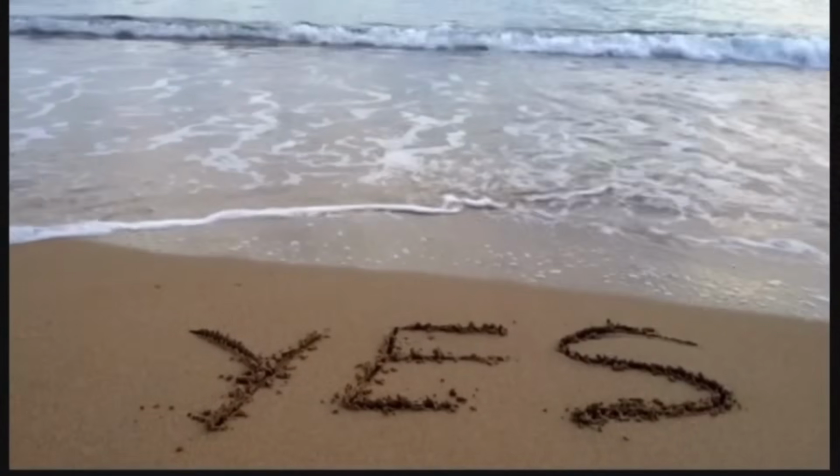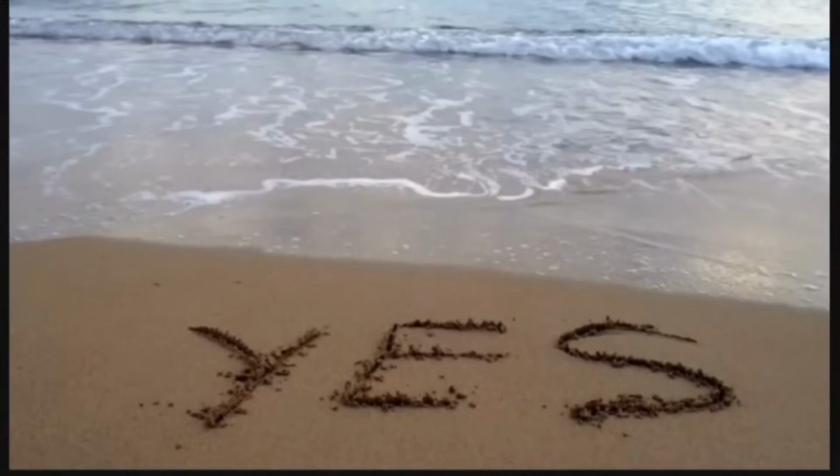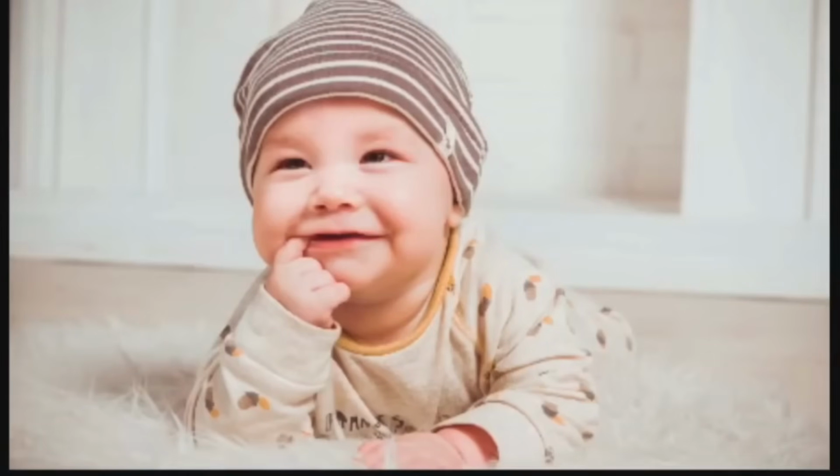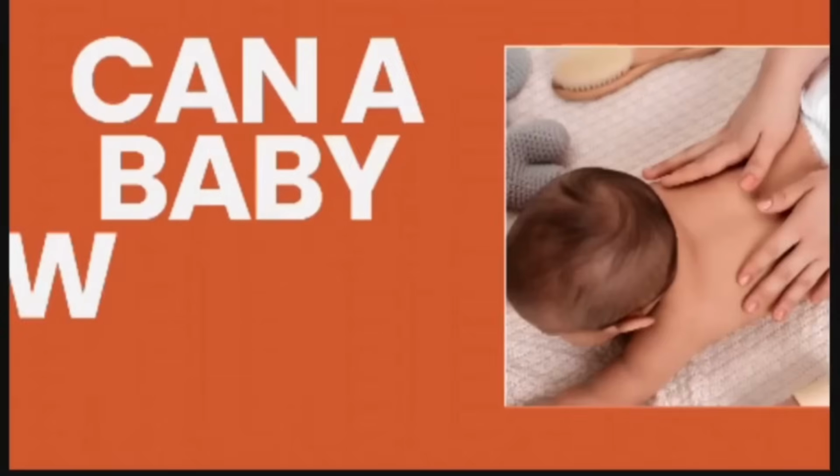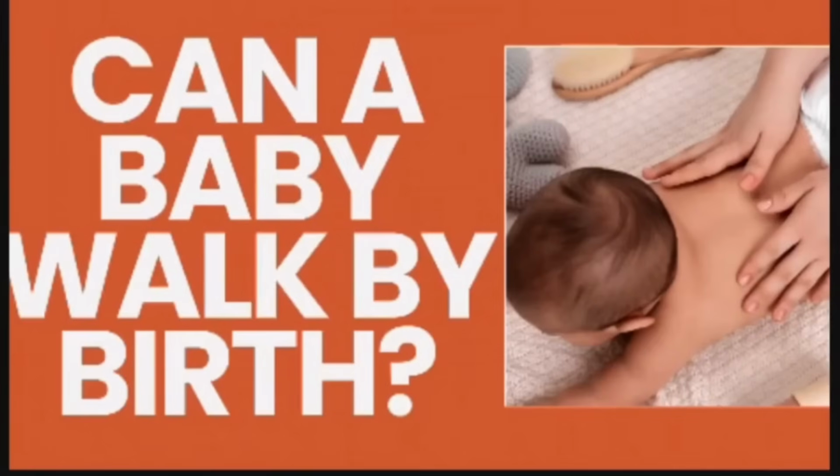Before going to meet my friend, I am going to share one more picture with you. Children, are you ready? Priyanka, what do you see in the picture? Yes, baby. Children, a question for you. Can a baby walk by birth? No, it's impossible.